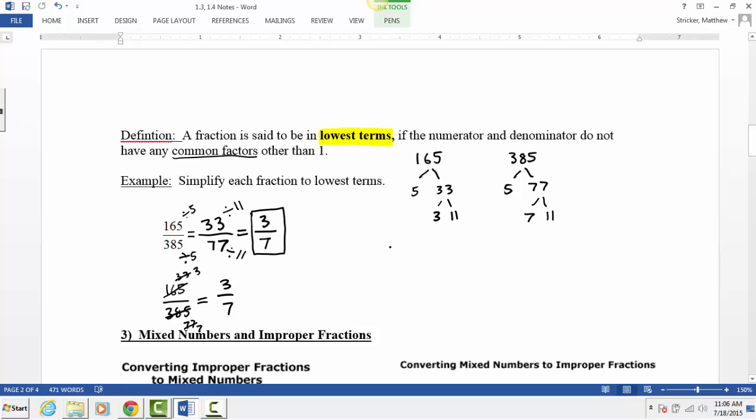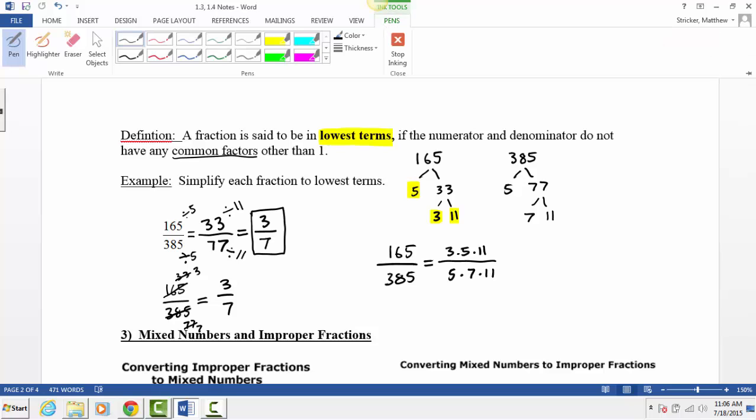So my fraction, 165 over 385, could be rewritten where the top number is in its prime factorization, 3 times 5 times 11, and the bottom is 5 times 7 times 11.